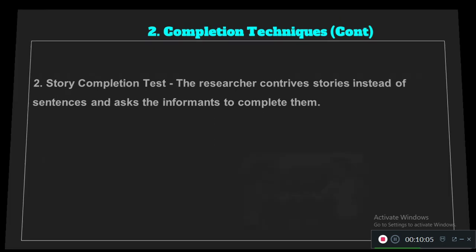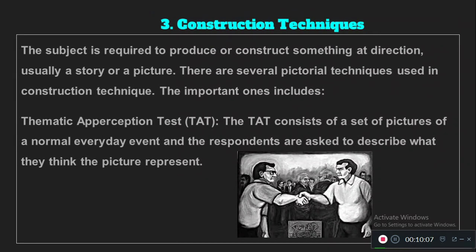Now move on to the third one, the construction technique. This technique makes the respondents produce or do something new as per the direction, like we give some picture and ask them to tell what is happening in that picture.